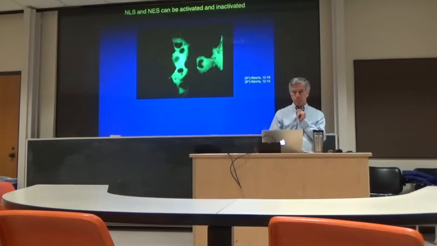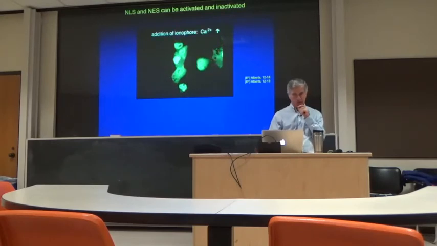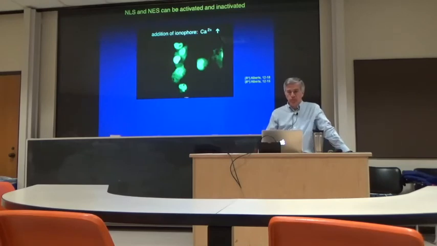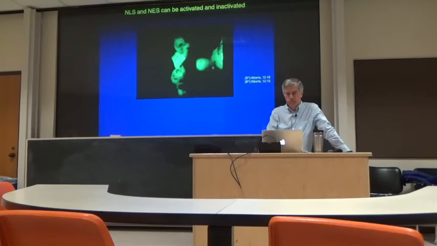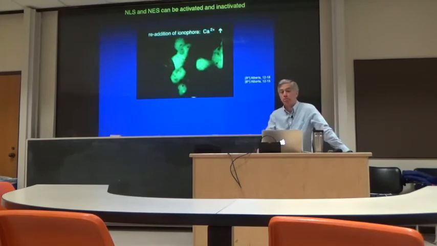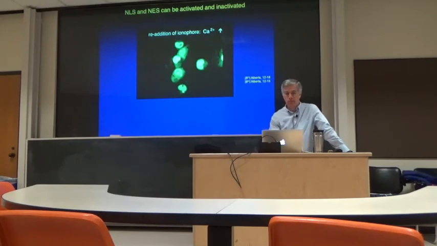But when the cytosolic calcium concentration is raised, NFAT migrates to the nucleus. This is done here experimentally by adding an ionophore that allows calcium to enter the cells from the medium. Upon removal of the ionophore, calcium levels return to normal, and NFAT is exported from the nucleus. Re-addition of the ionophore triggers re-import of NFAT.